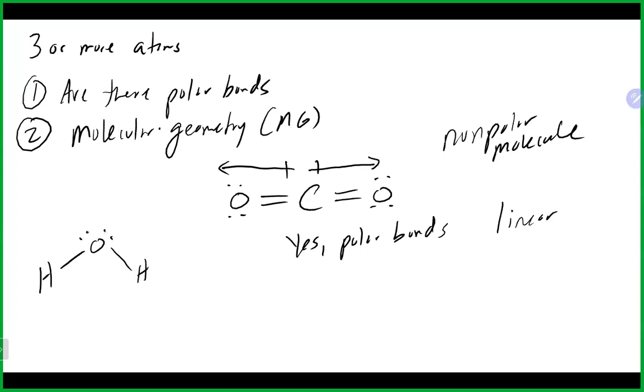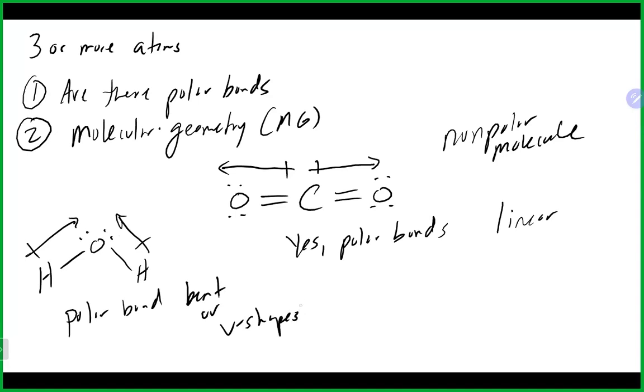Now, if you take something like water, for example, water also has polar bonds heading towards the oxygen in this case. What happens in this case is its geometry, as we just saw, is bent or V-shaped. So if you think of water like this, you kind of have everybody pushing this way, everybody pushing this way, kind of meeting on top, almost like if you had a string up on top and you just pulled it, you could imagine that the whole thing would move.